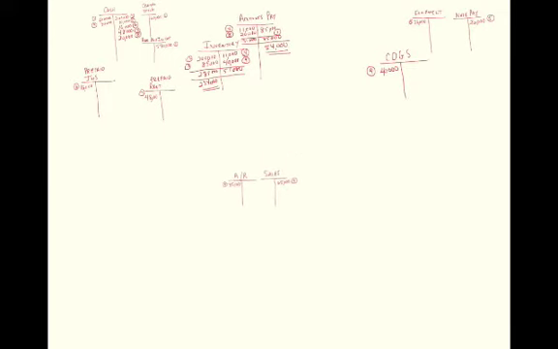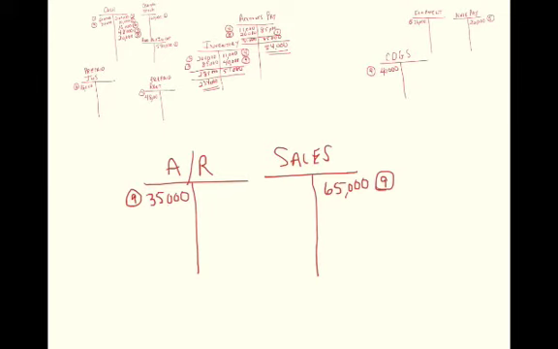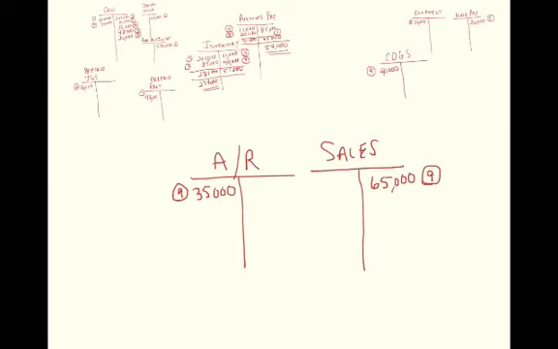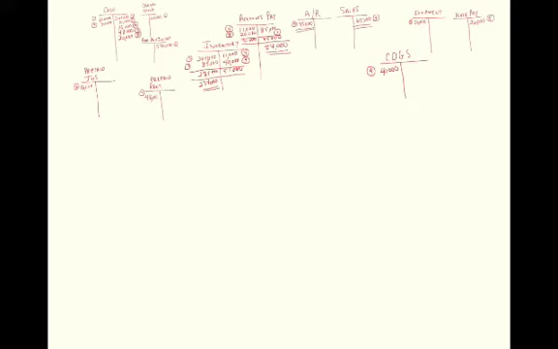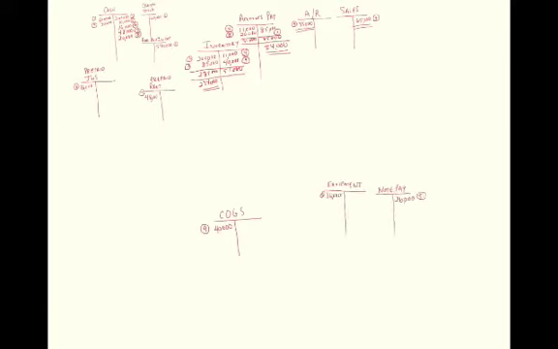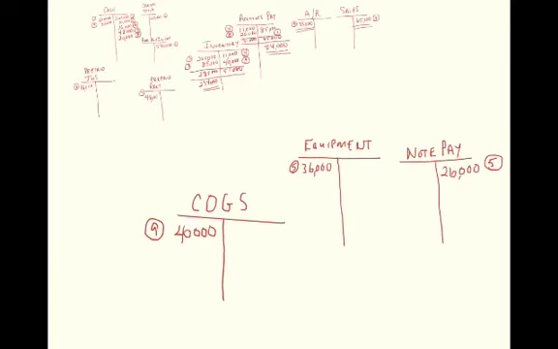In here, we're going to blow this up, the 35,000 balance. That's all that is, sales. We don't really need to do anything with things that just have one entry in them. Let's take these, make that a little bit bigger, make this a little bit bigger.